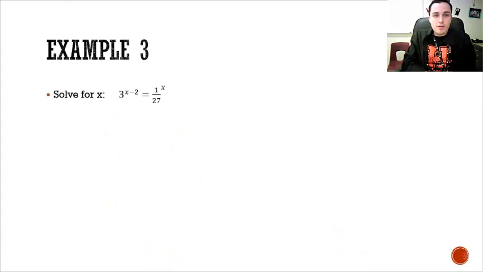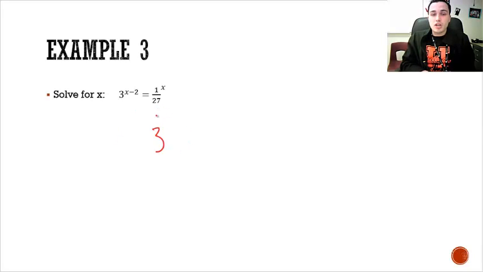Alright, and then here, oh my gosh, it's a fraction, but we can handle this. I'm looking at the smaller base, and when I say smaller, I'm comparing the 3 to the 27. Remember, when you have a fraction, you just look at, okay, 3 to what power gets me to 27? 3 to the third power gets me 27, but because this is a fraction, it's going to be the negative third power.